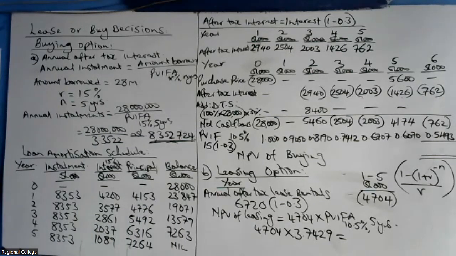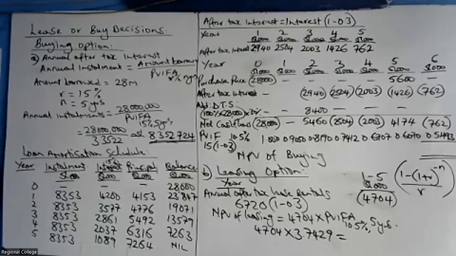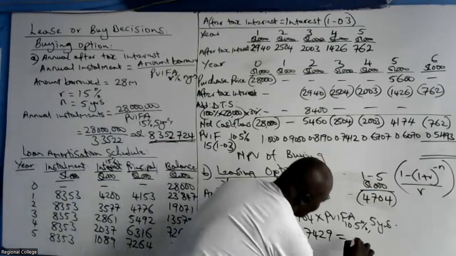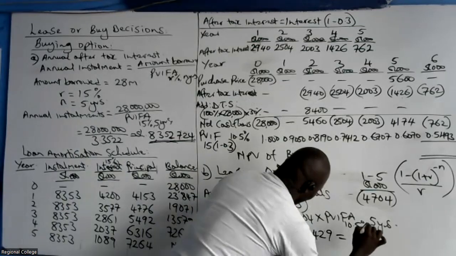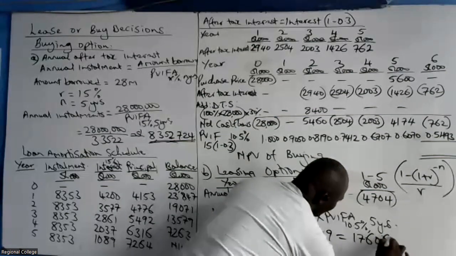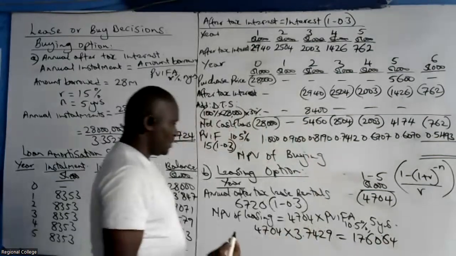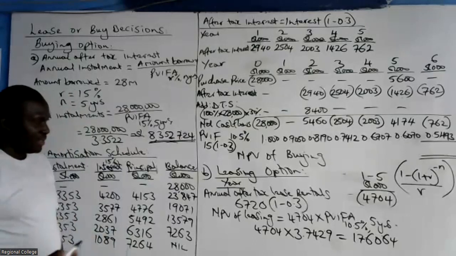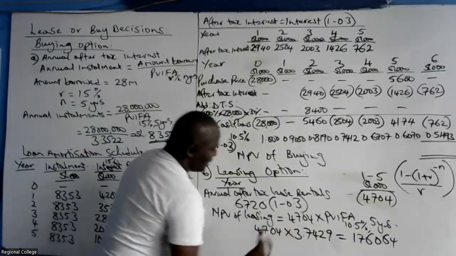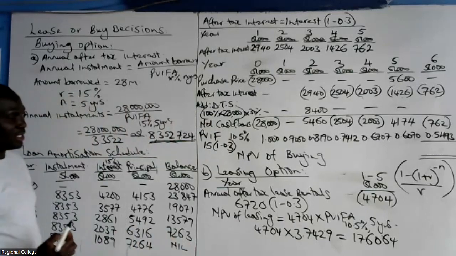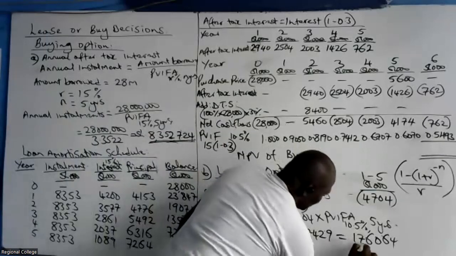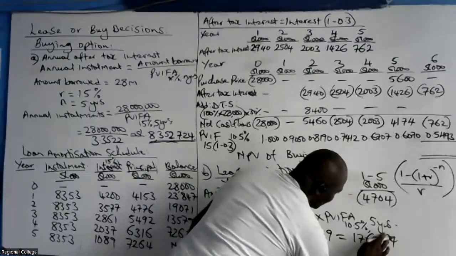For example, the end justifies the means. 17,606. 4,000 times 3 is not 176,000, it's 17,000. 17,606.